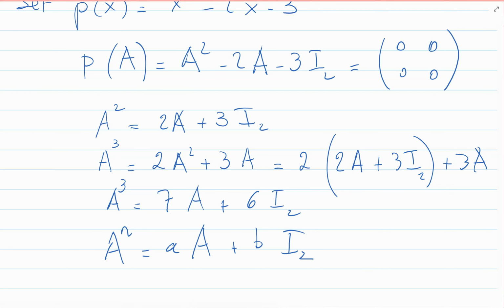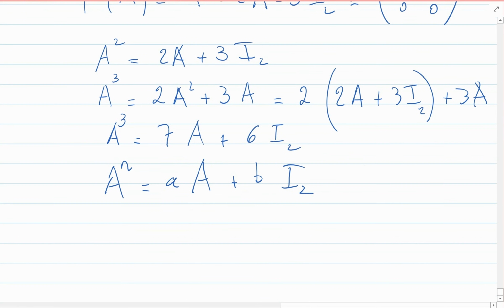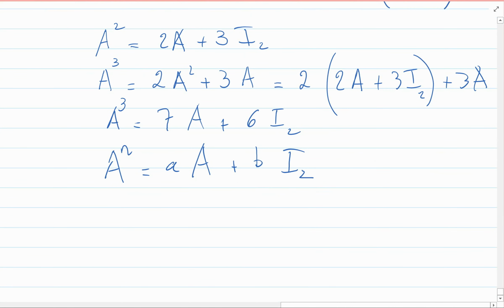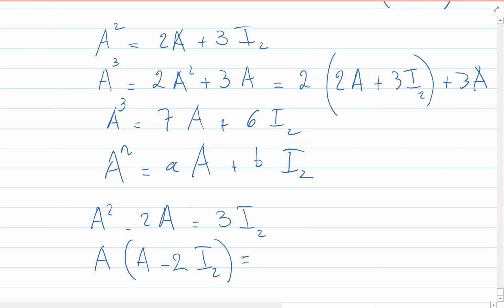We can say more than that. Here is another way to see it. This time, I'm going to take 3I2 to the other side. So we have A squared minus 2A equals 3I2. Let me factor out A, because everything works fine here: A times (A minus 2I2) equals 3I2.